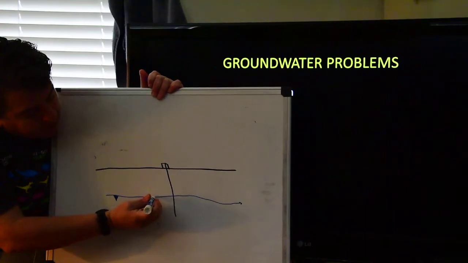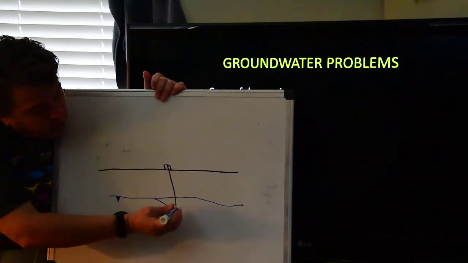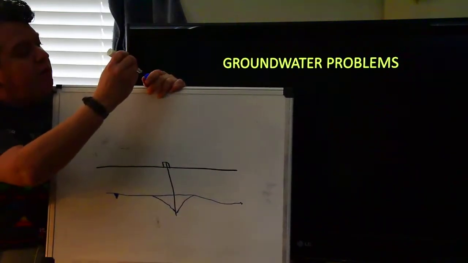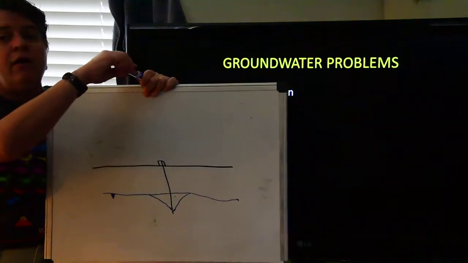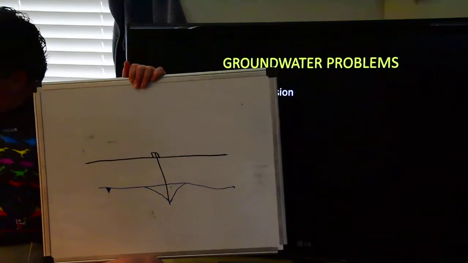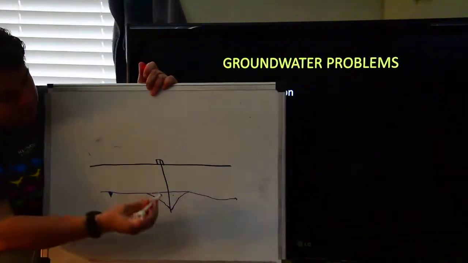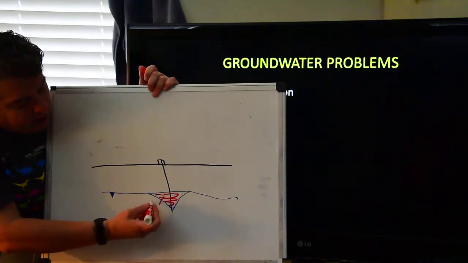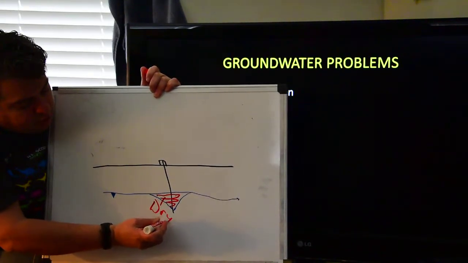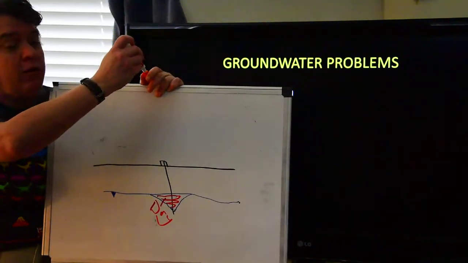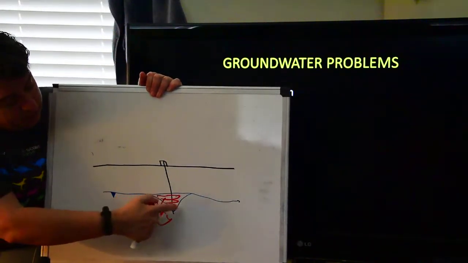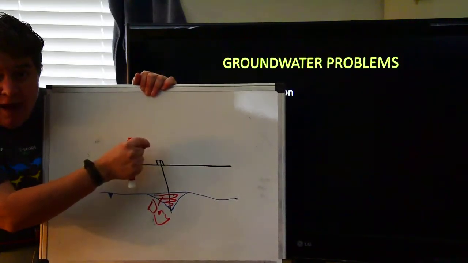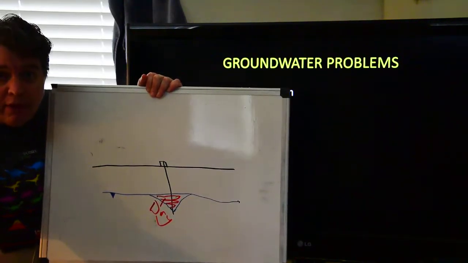So what happens around that well, the water table goes down. So all of this area that used to be filled with water is now dry surrounding the well. So that's all dry because we're taking out the water faster than it can be replaced.